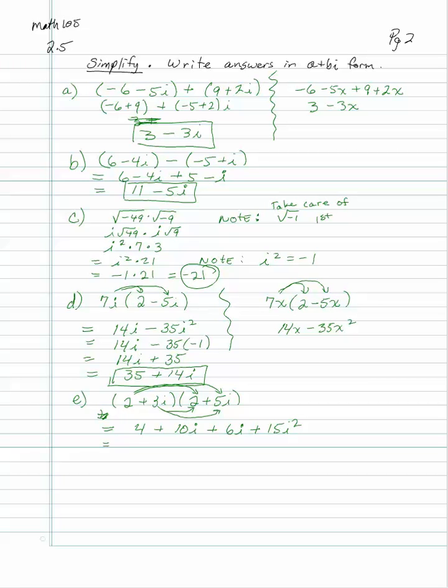We're going to combine like terms. So that's 16i. And then remember the i squared is negative 1, so 15 times negative 1 is negative 15, plus the 4 in the front would be negative 11, plus 16i. Right, so that's how you would take two complex numbers and multiply them.